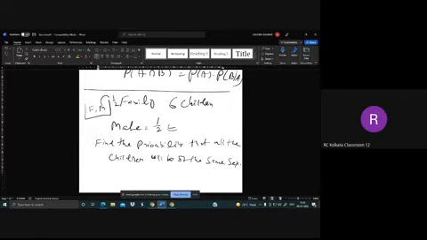How many children are there? 6 children. What is the probability of the first one being male? That is 1 by 2. The probability of getting A1. So how many events are there? 6 events: A1, A2, A3, A4, A5 and A6.